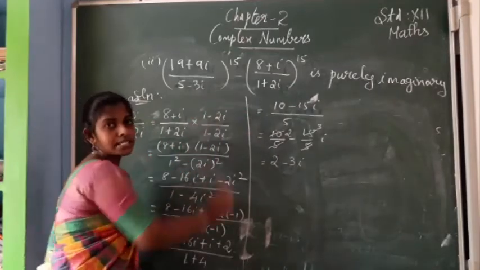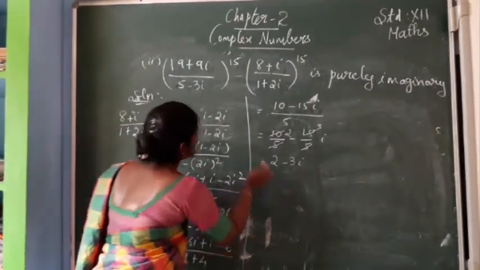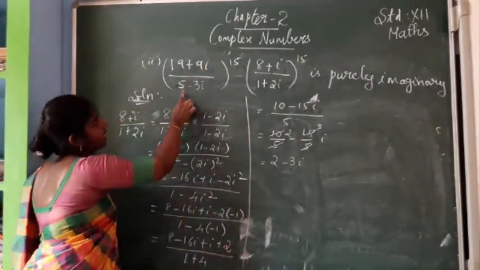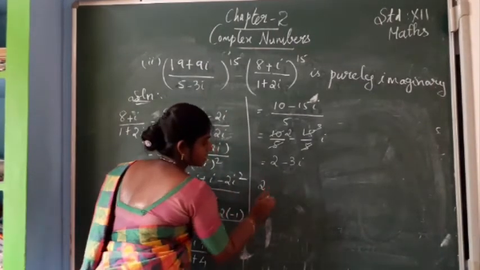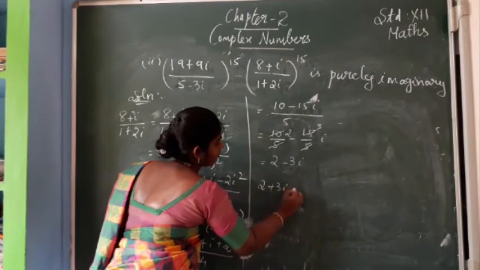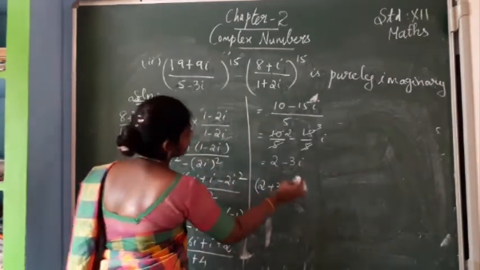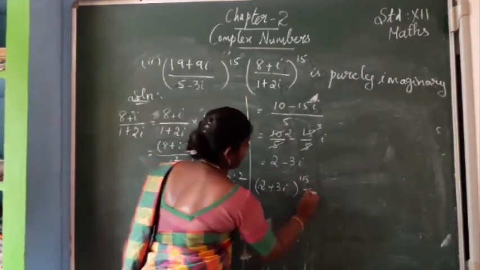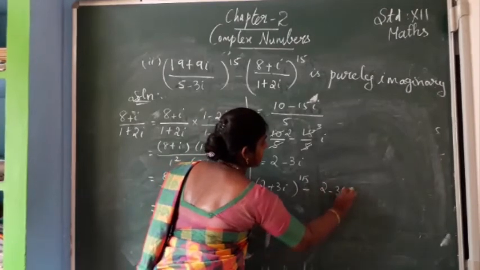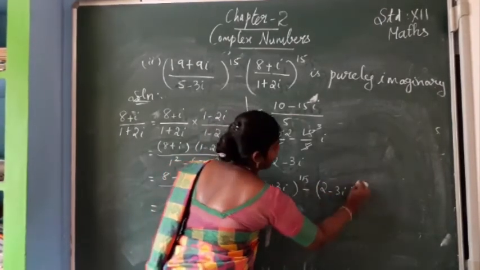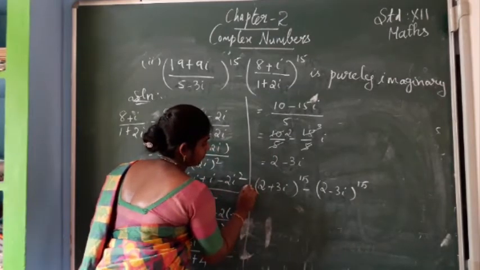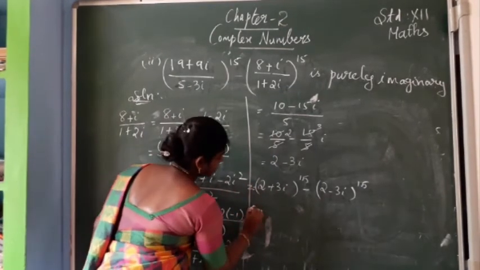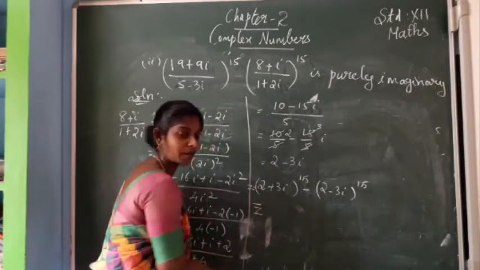Okay, now we have to subtract both the values. So for (19 plus 9i) divided by (5 minus 3i), the value we got is 2 plus 3i, and for the second one 2 minus 3i. So (2 plus 3i) to the power 15 minus (2 minus 3i) to the power 15. So this is the Z value. Now you have to find the Z bar value.